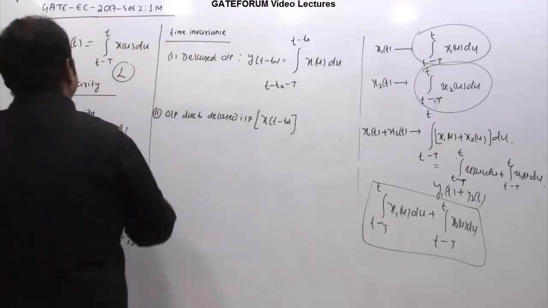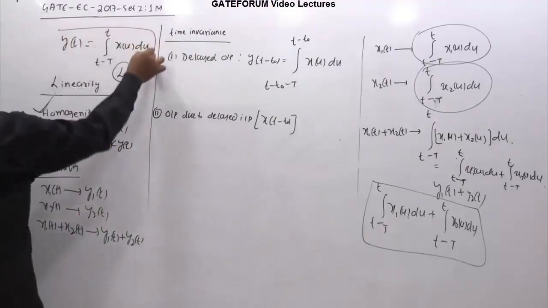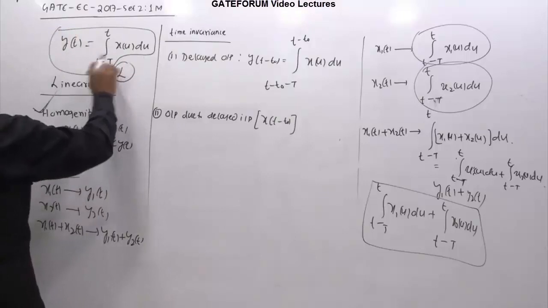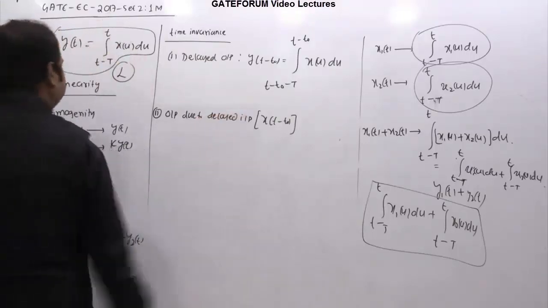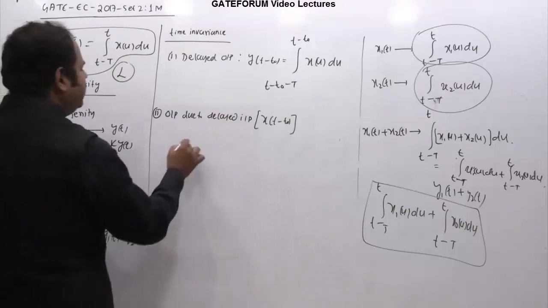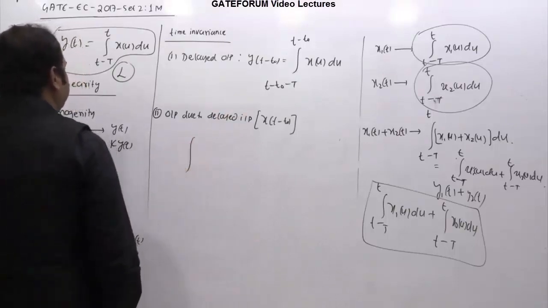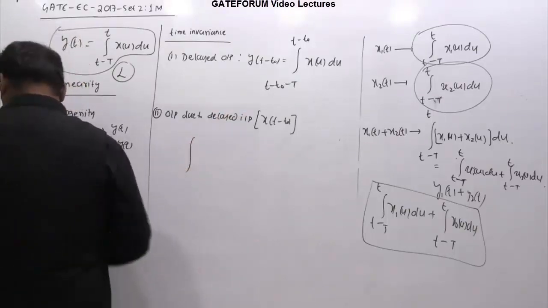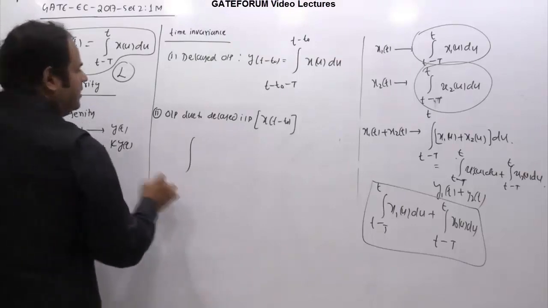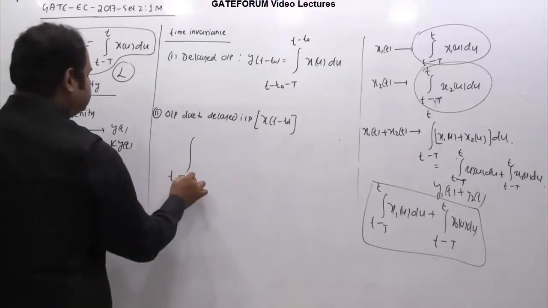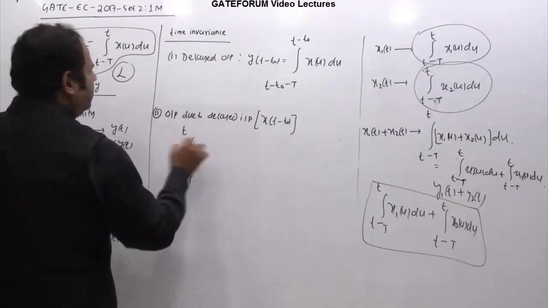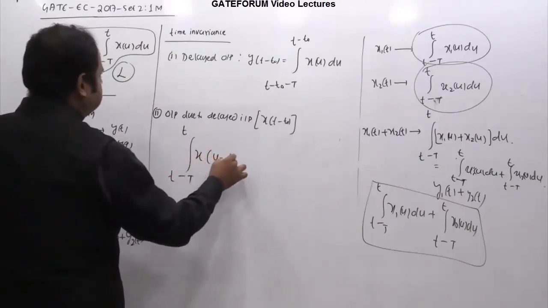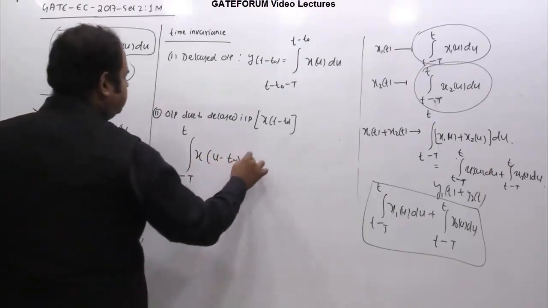So if you see these equations, when you give the input x(t), you get this integration with respect to u in these limits. Now when you give this input, the corresponding output will be the integration, and the limits would be t minus T to t of x(u minus t0) du.